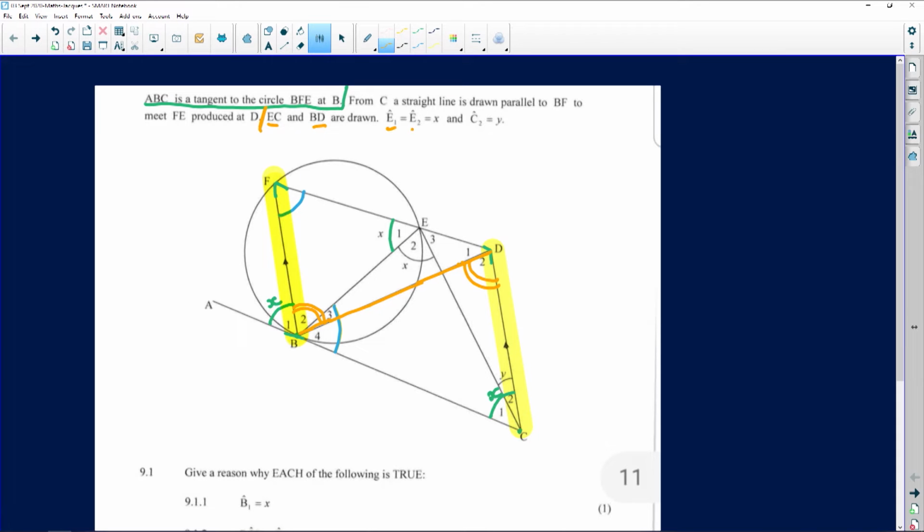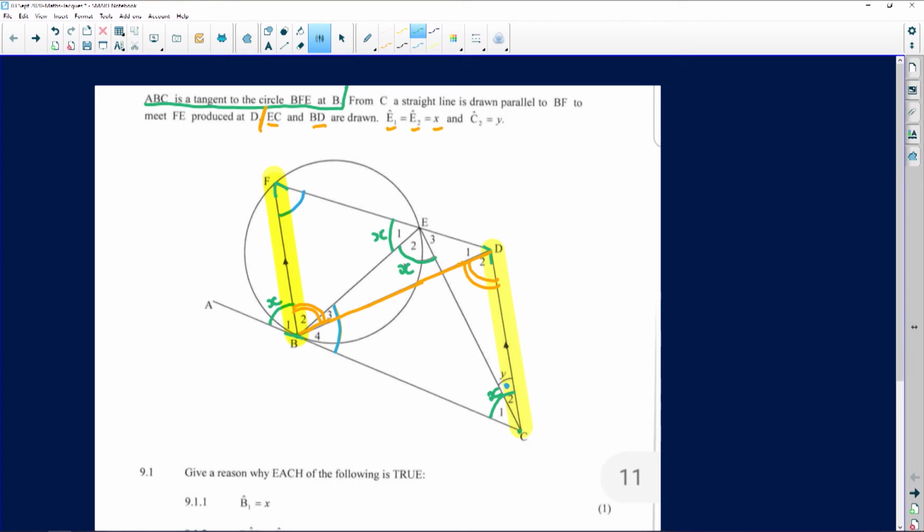Then E1 is equal to E2 is equal to X. Now that they gave us on our diagram, so we can say this one is also an X. So we've got those four X's. C2, this angle down here, let me make it a blue dot for now. The angle here at C2 is equal to Y. Okay, I think we've got everything from that little paragraph translated into symbols on our diagram.